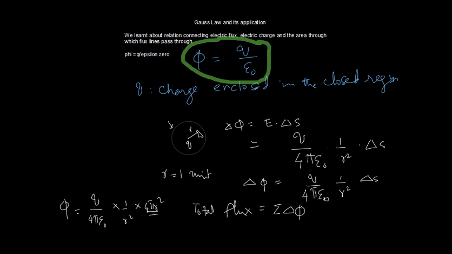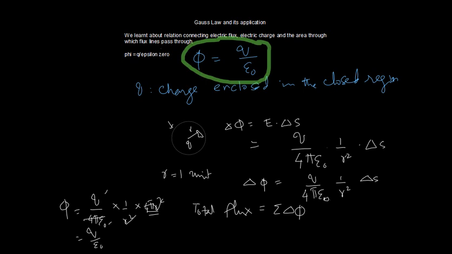This is the surface area of a sphere. So the 4 pi gets cancelled, and the r square gets cancelled. What is remaining is q and epsilon naught. Got it, right? So that's how you get q by epsilon naught.